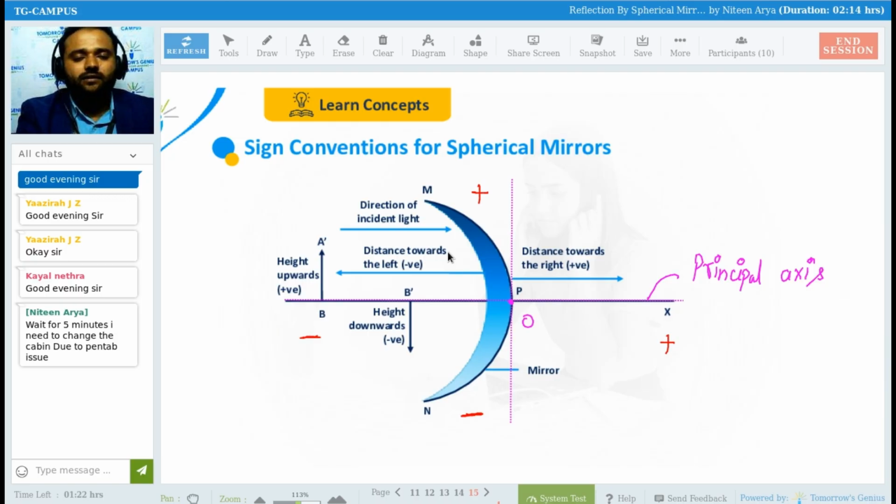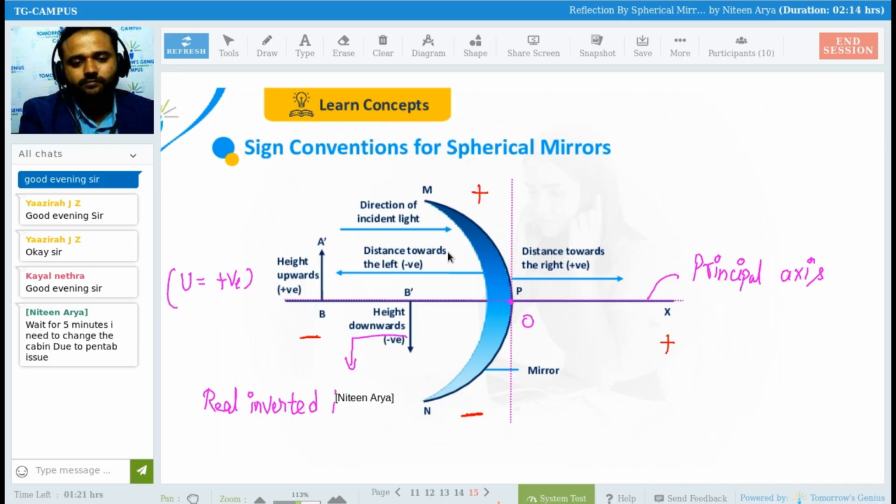So everything on the right hand side is taken as positive, everything on the left hand side is taken as negative. Height of the object is taken as positive because it is going upward. Height of the image, that is a real inverted image. Real inverted. What is the meaning of inverted?